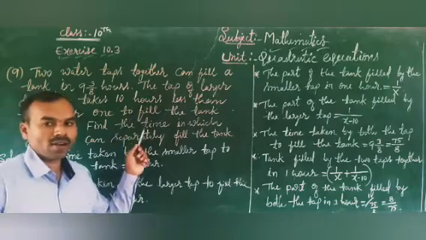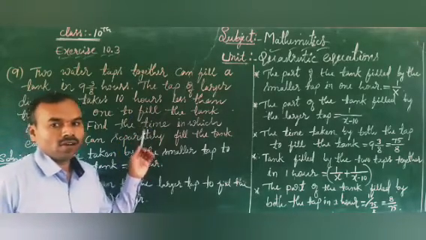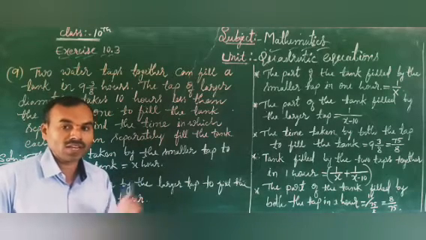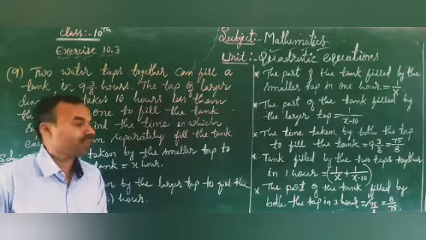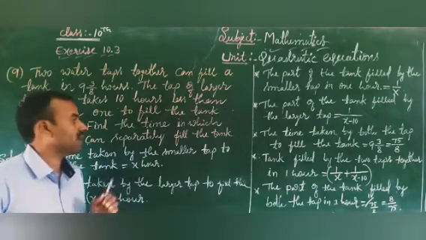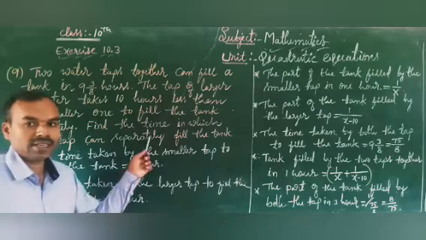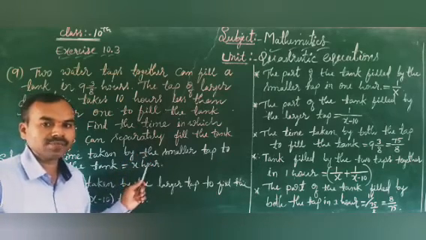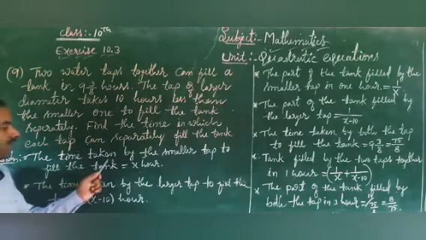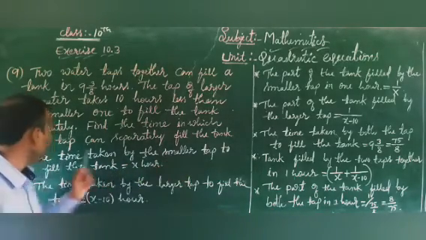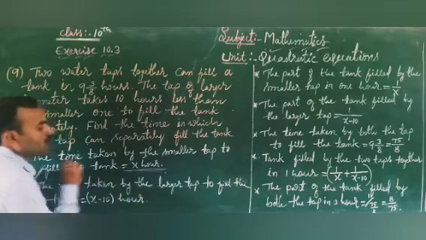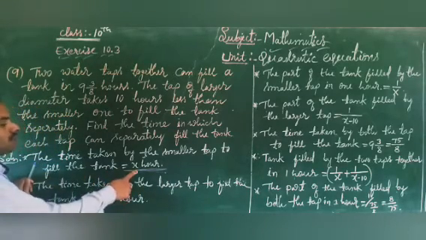Here the smaller tap and the larger tap fill the tank together, and that time is given, so we have to find the time for each separately. So we take x hours for the smaller tap.